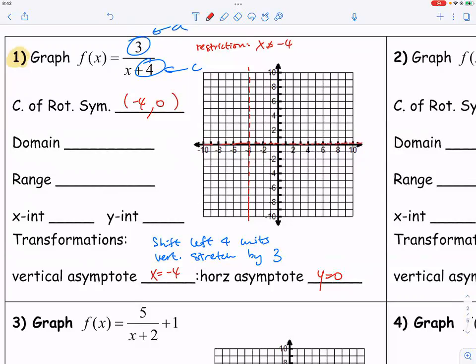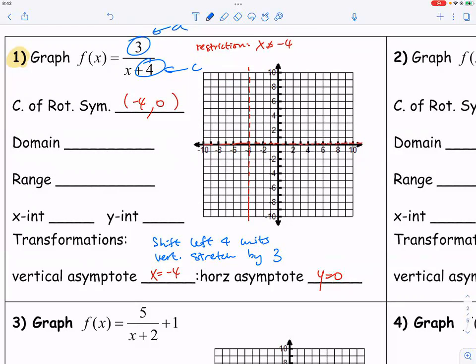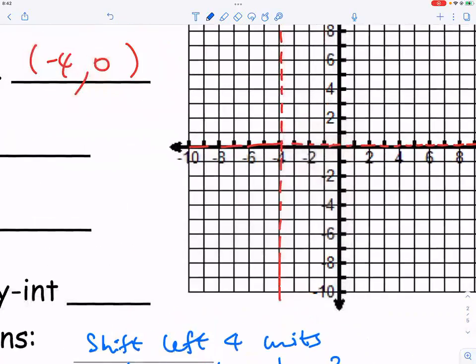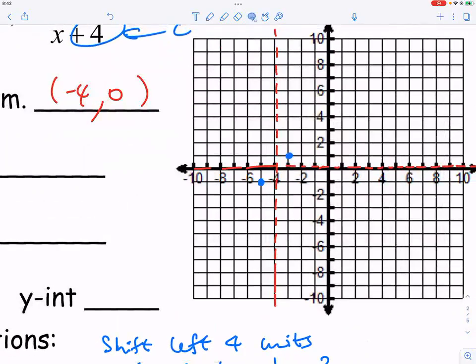And now let's go ahead and plot the points. We shift to the left. Originally, this is what's going to happen. Don't do this yet. Now this is original, but because it's being stretched vertically by 3, this right upper point would be multiplied by 3, so the y value being multiplied by 3. Like this.